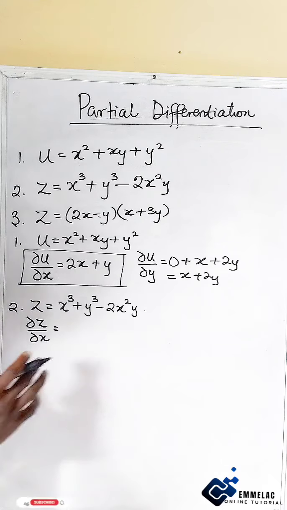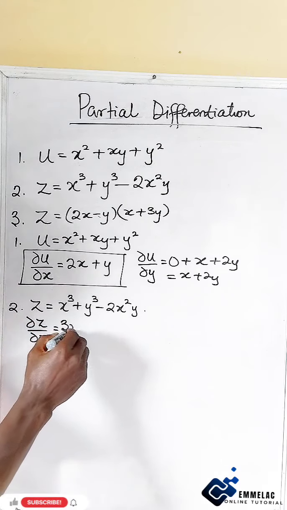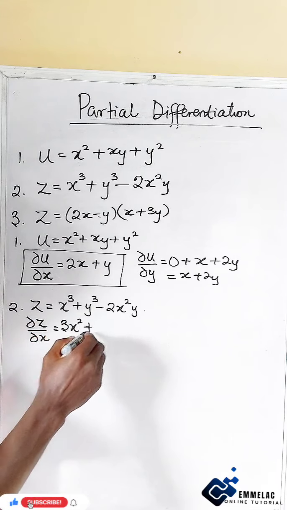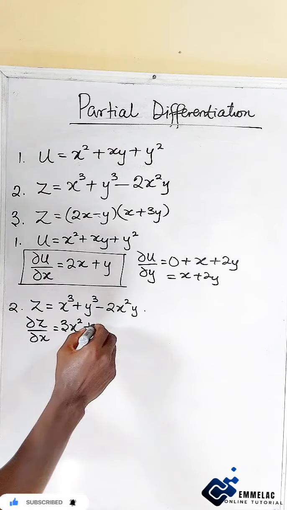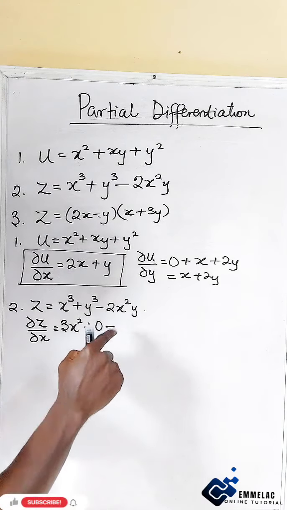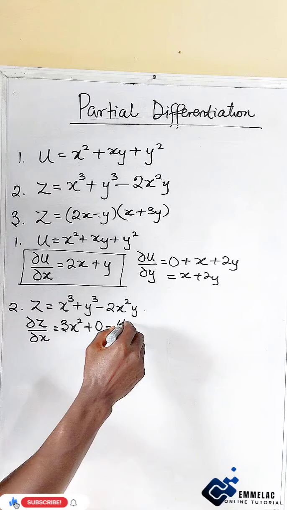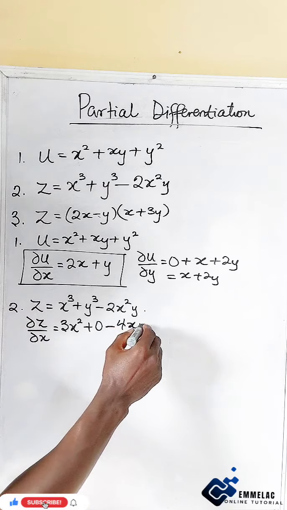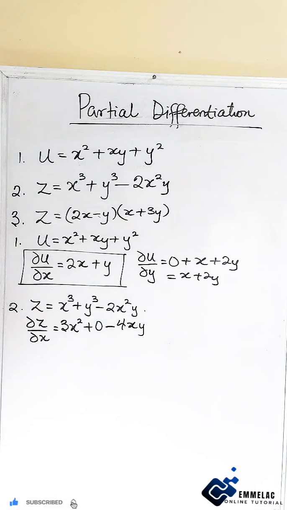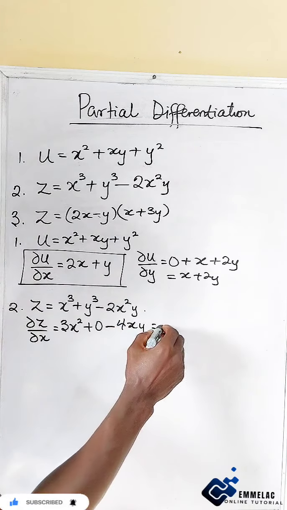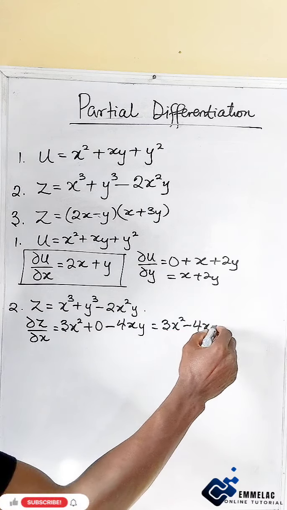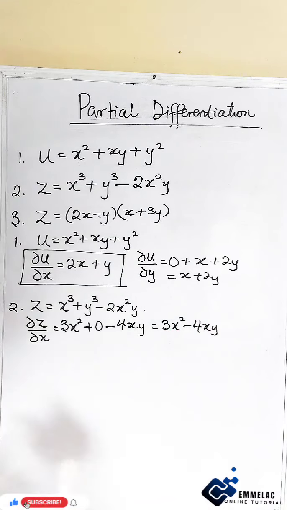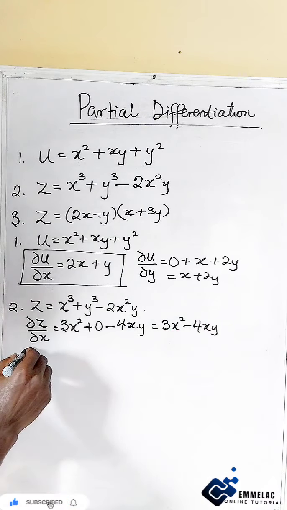So with respect to x, here we have 3x raised to the power of 2, then plus, now since y cube does not have x, it becomes a constant, so that becomes 0, then minus, here we have 4xy. So to this end it becomes 3x raised to the power of 2 minus 4xy.